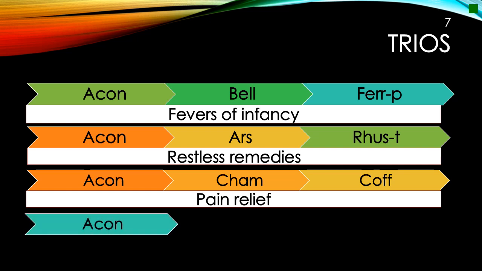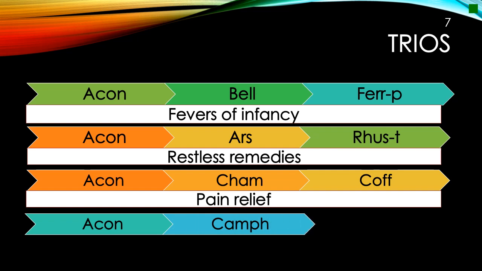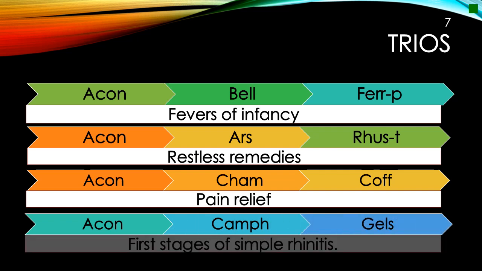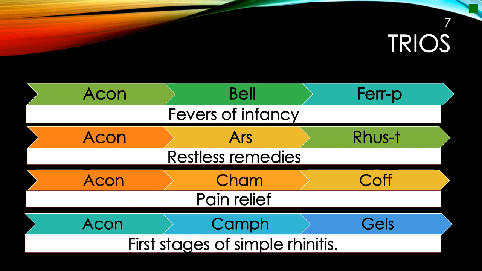Yet another example, Aconite, Camphor, and Gelsemium. This is for the first stages of simple rhinitis. I'm not covering therapeutics at this particular stage, but we shall be doing so, and it will be a good idea to make a mark in your notes so that you can perhaps refer back to these slides.